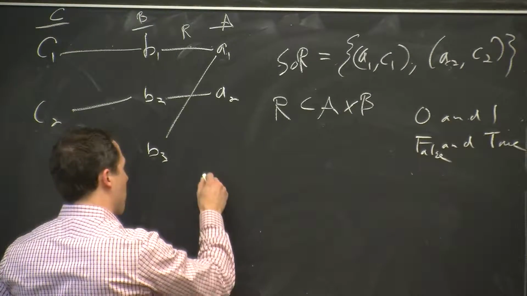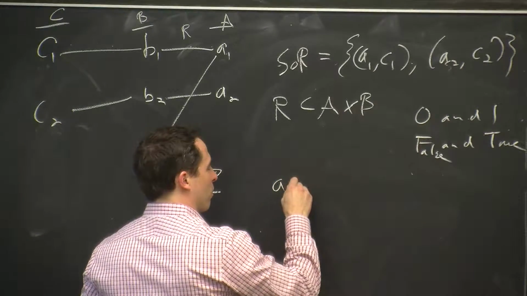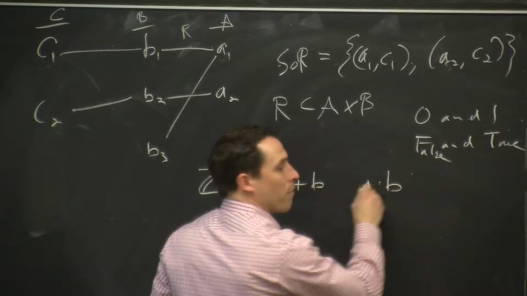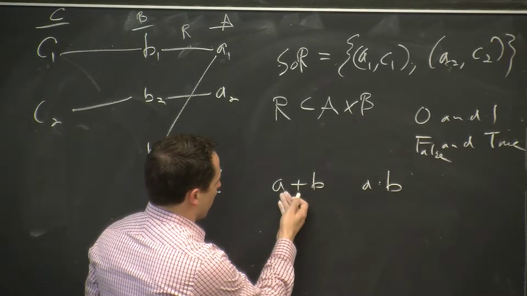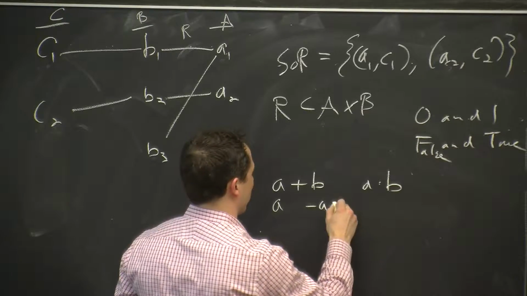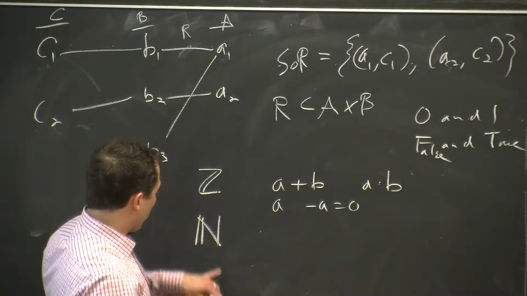So you're used to rings like the integers. In the integers, if I have 2 integers, I can add them, and I can multiply them. It's a ring because in the integers, every a has a negative a, such that the sum of those 2 things is 0. There are other things like the natural numbers, which are not rings but semi-rings.